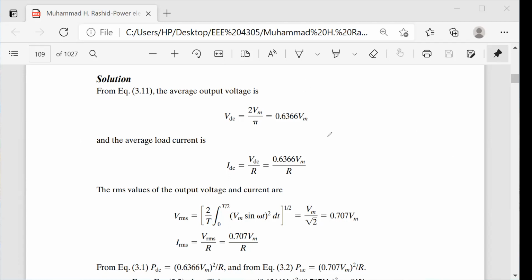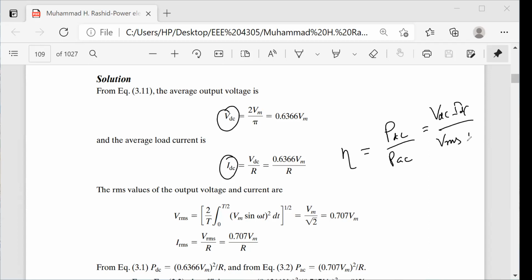Now, if you use all the formulas to find out the different performance parameters, first you can find the rectification ratio or efficiency. That should be VDC by PS. You have already found this one and this one, then your VRMS, IRMS. If you do that, you will find it is 81%.